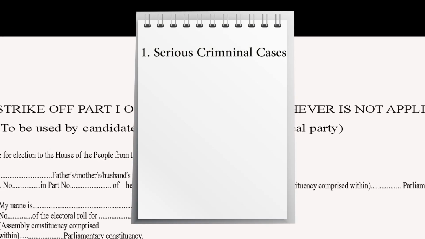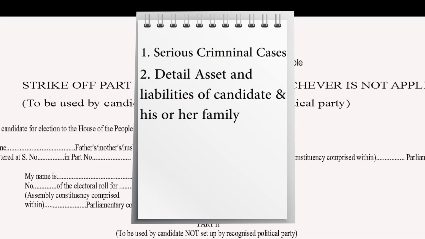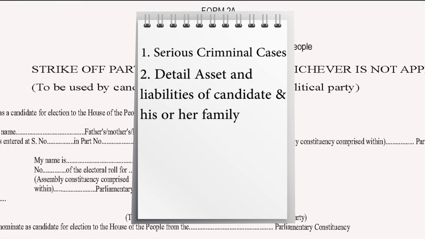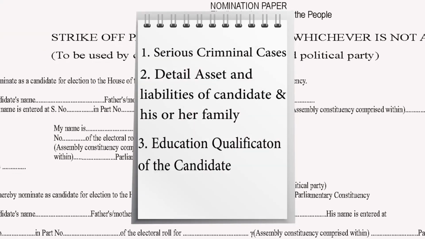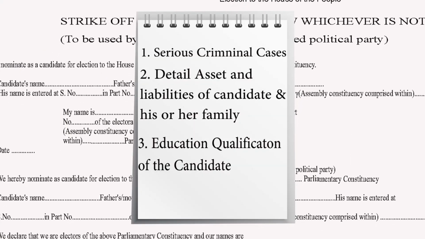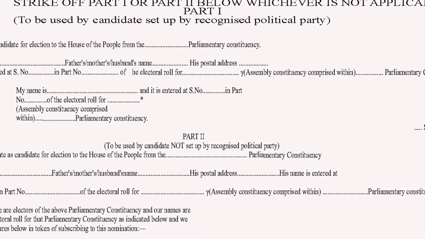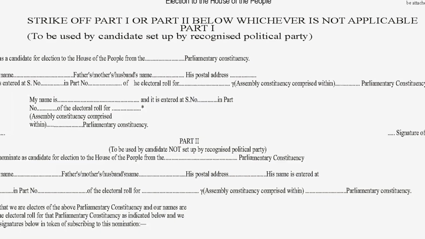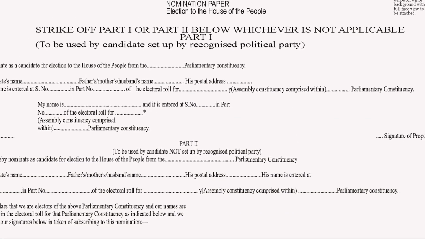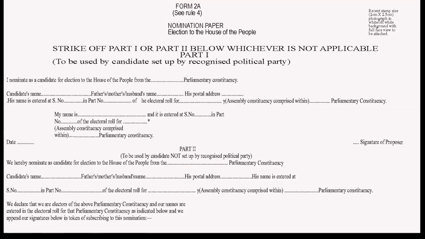Serious criminal cases pending against the candidate, if any; 2. Details of assets and liabilities of the candidate and his or her family; and 3. Education qualification of the candidate. This information is made public so that the voters can make their decisions to choose the right candidate. The candidates can also withdraw their nomination within the time stipulated by the Election Commission.